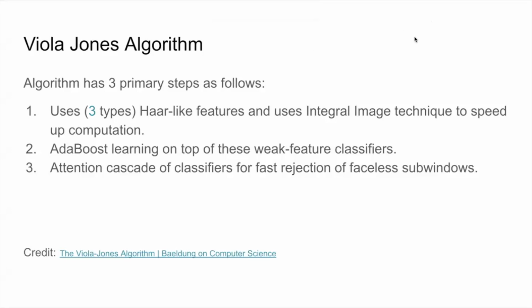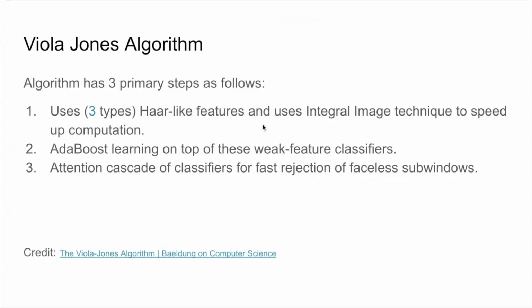Okay, so we'll start with the Viola-Jones algorithm, which has three primary steps. The first is that the Viola-Jones algorithm uses three types of Haar-like features and uses the integral image technique to speed up the computation.